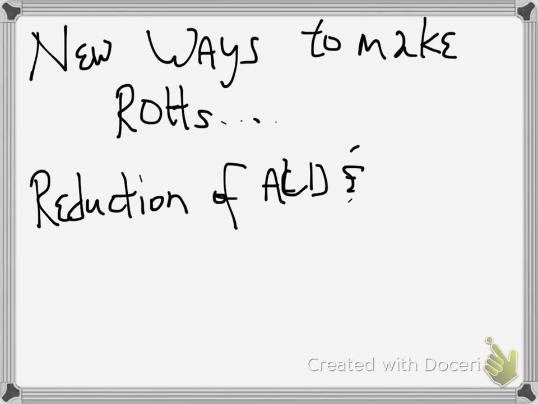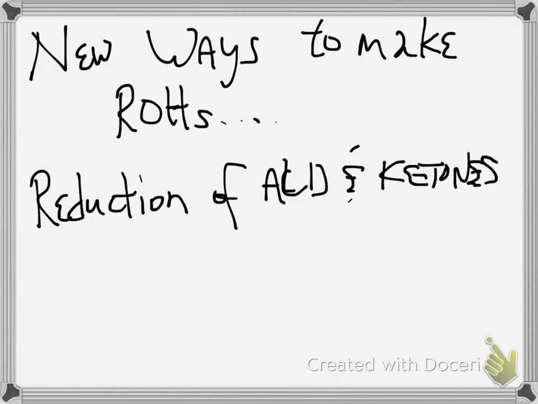I'm going to abbreviate aldehydes as ALD and ketones. And we have to know what a reducing reagent is. We actually did this last semester, but not with respect to alcohols.